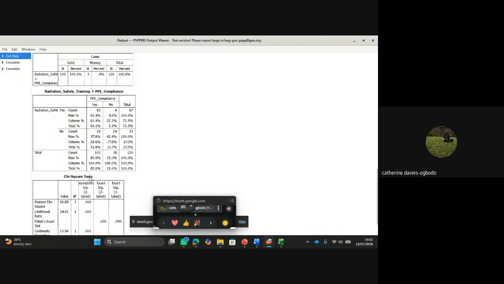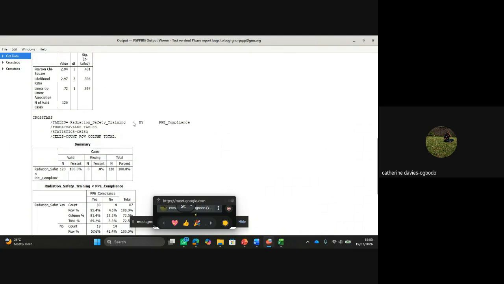Since it's radiation safety training associated with PPE compliance, the null hypothesis is that radiation safety training is not associated with PPE compliance, while the alternative is that radiation safety training is associated with PPE compliance.